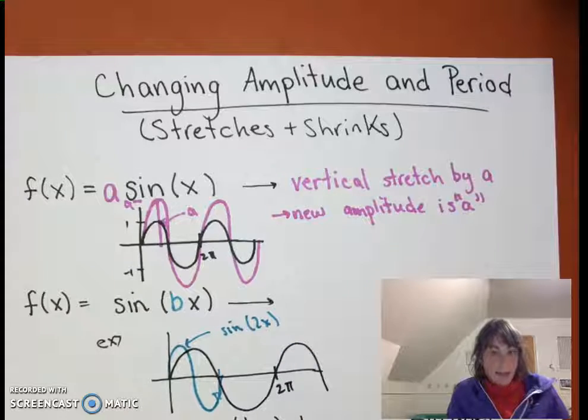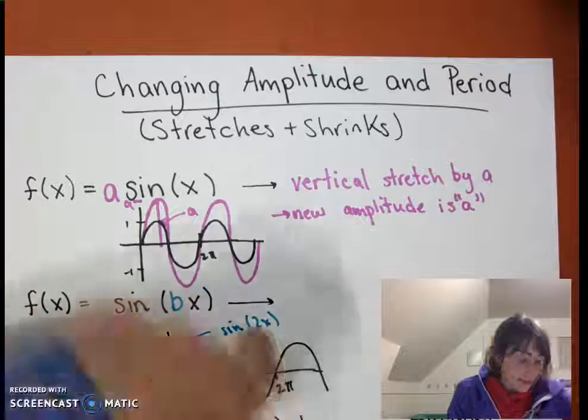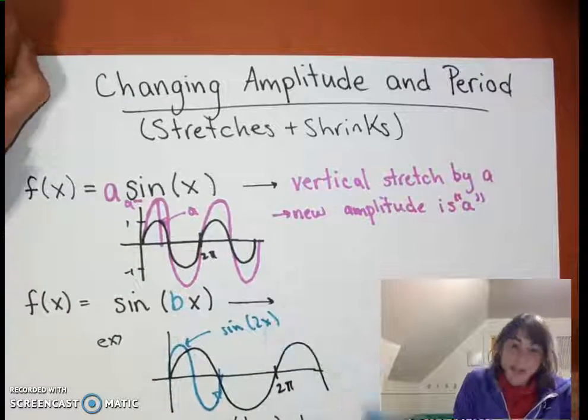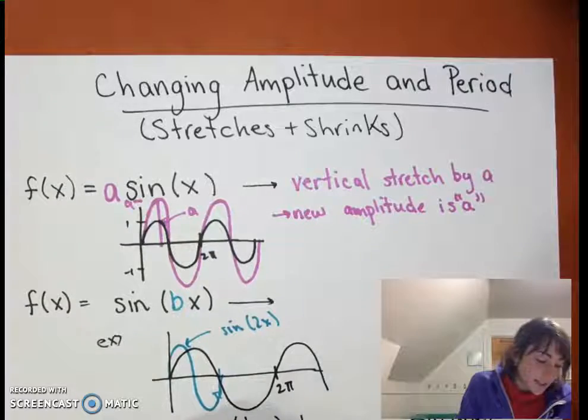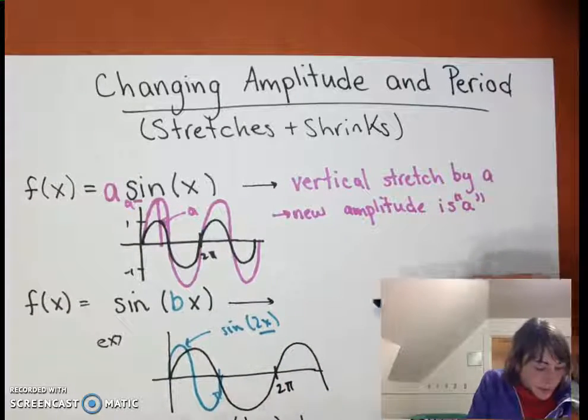Why is that? Because we multiply all of our x values by 2, so the x values are moving much faster. Our curve is making its curves much faster because we sped up the x's. That's a way to think about it.